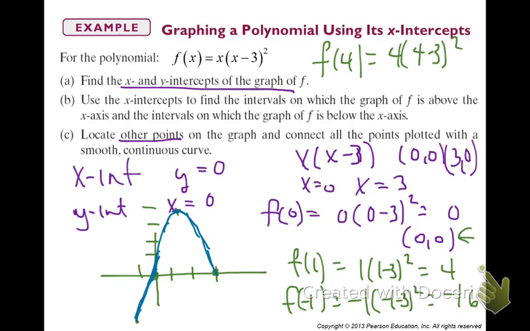And 1 times 4 is 4. So 4 gives us what? 4. So we're back up here. So what happened here? It goes back up. Okay.